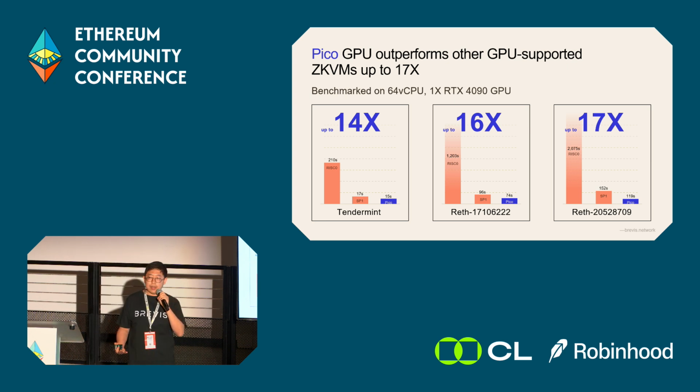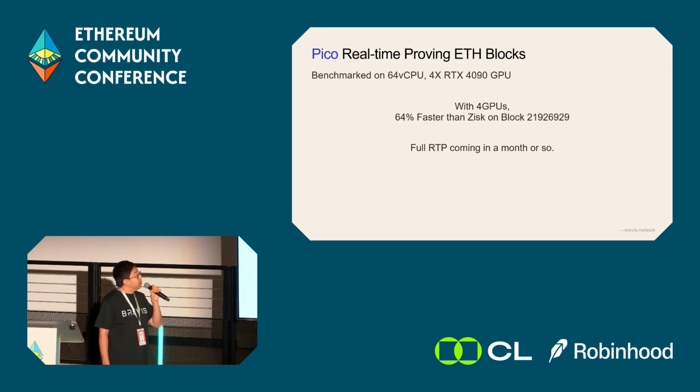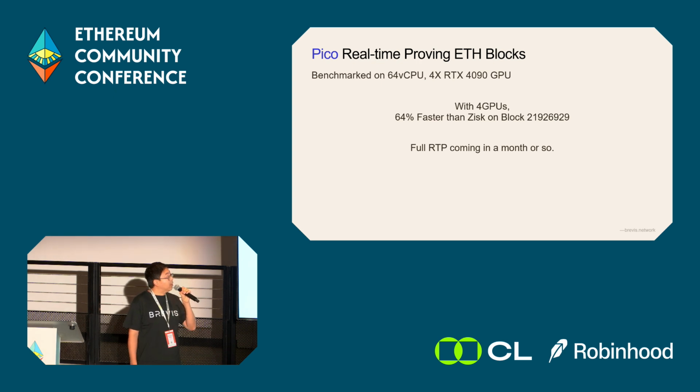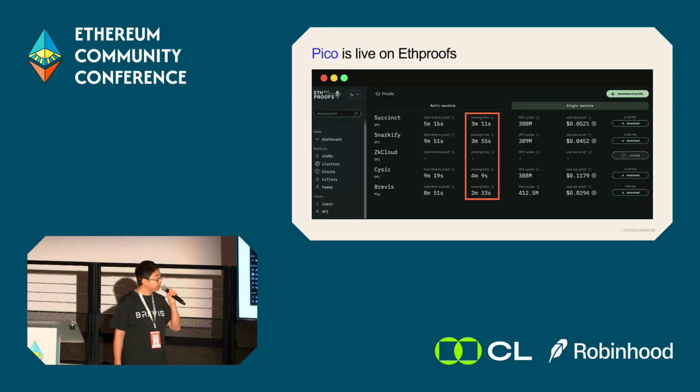Right now, we only support production proving on a single 4090 GPU, but we have cluster proving coming soon. For example, just this morning we benchmarked our multi-GPU proving, which is giving some promising early results, and we're going to share more about that in a month or so.